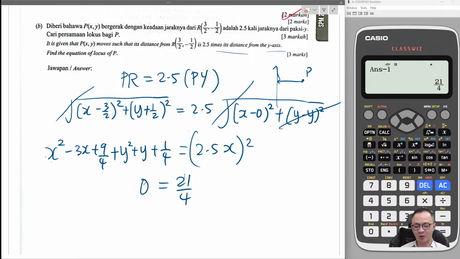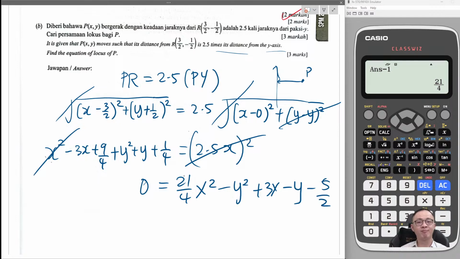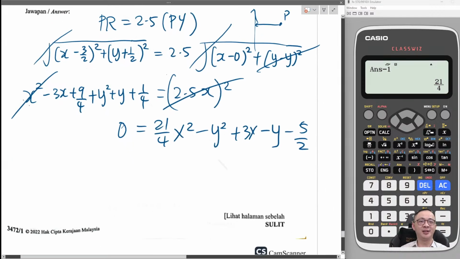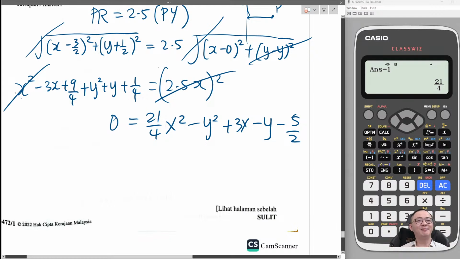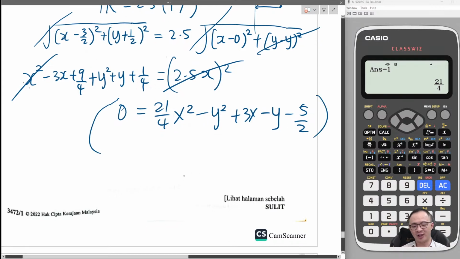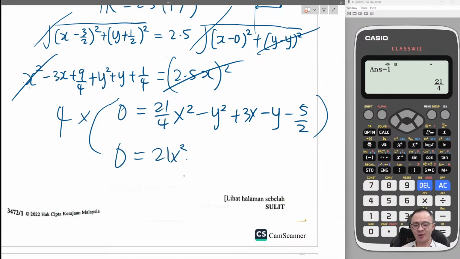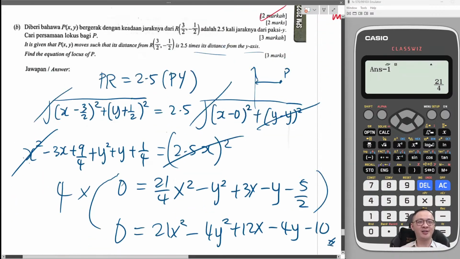So this is 21 over 4 x squared. I settle these two: minus y squared plus 3x minus y. The number is 10 over 4 minus 5 over 2. This one should be the final one, but if you want to make it look nicer, multiply the whole thing by 4. So we get 21x squared minus 4y squared plus 12x minus 4y minus 10. This is the equation of the locus they are looking at.